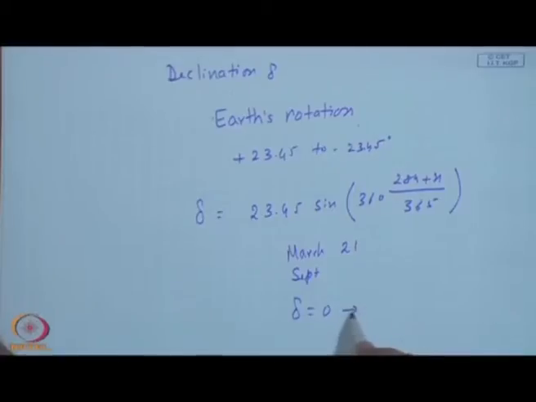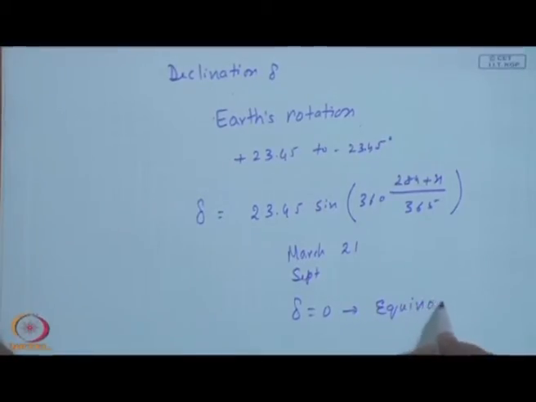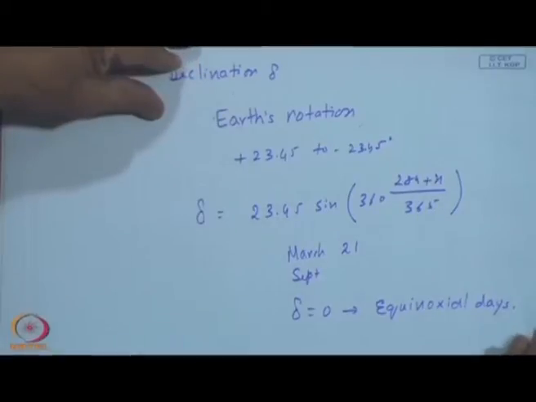These are called the equinoctial days. Similarly, on 21st June and December, you have the summer solstice and the winter solstice, where you have the maximum, plus 23.45 in June, and the minimum, minus 23.45 in December.